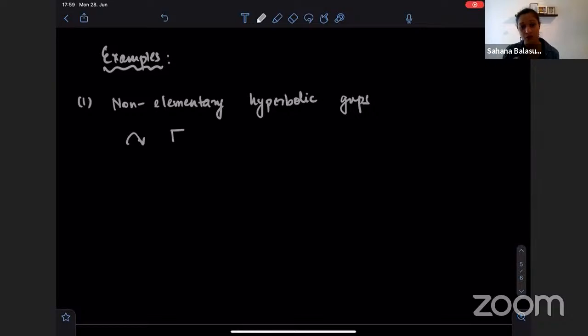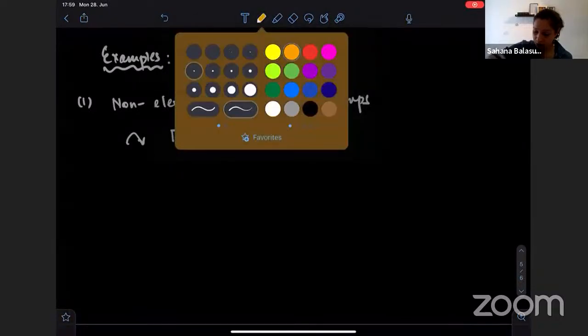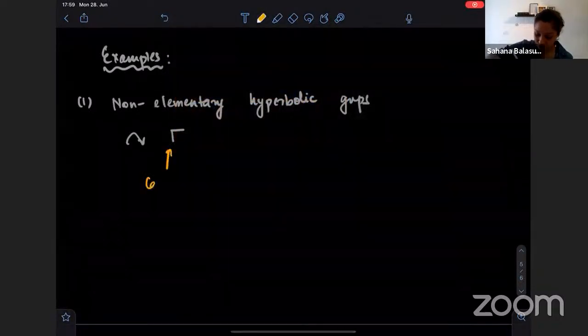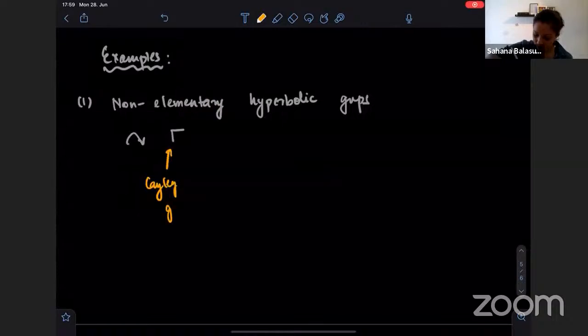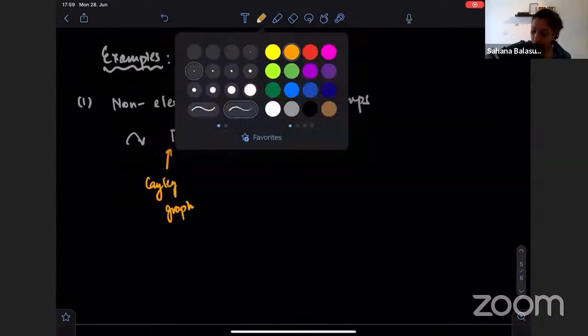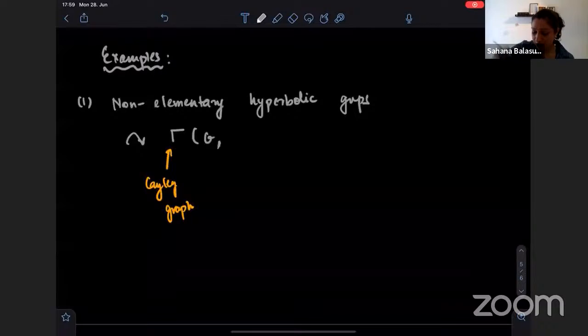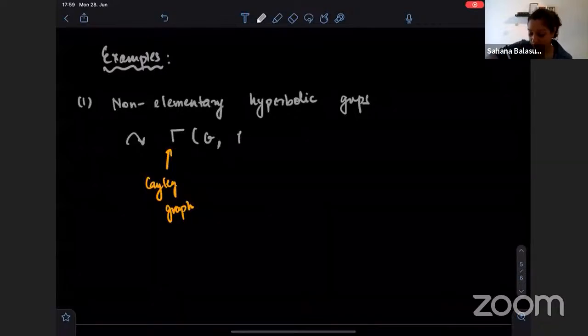I'm going to use capital gamma as a notation for the Cayley graph, which you construct with respect to some finite generating set.